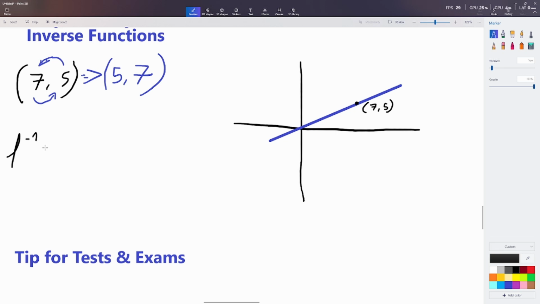And how to get an inverse function is also very commonly asked, because many paper exams and also tests ask you to get this. So let's try to do this.